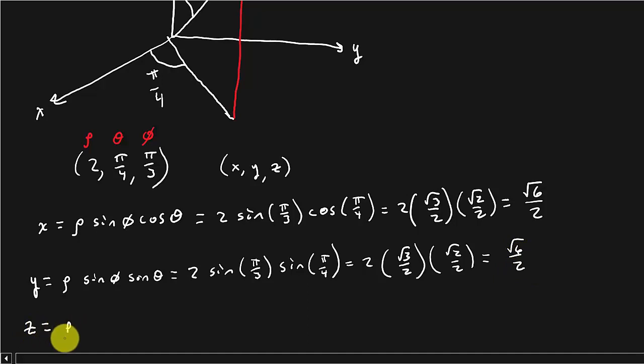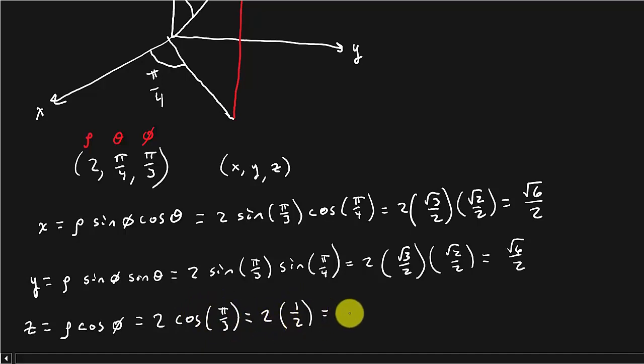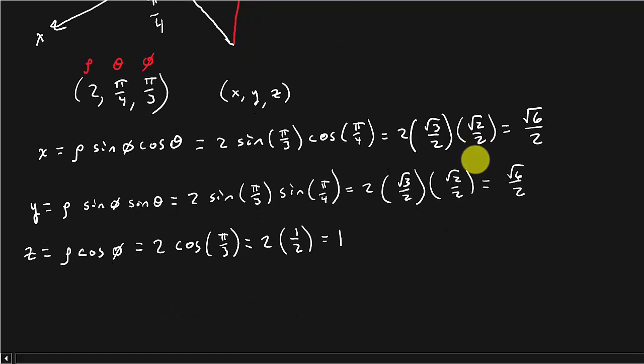Well, remember, z is rho times cosine phi. And so that's going to be 2 times cosine of pi over 3, and cosine of pi over 3, that's 1/2. So that's 1. And so we can see that our point is square root of 6 over 2, square root of 6 over 2, 1.